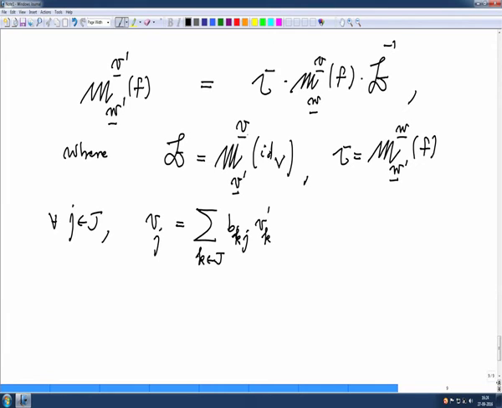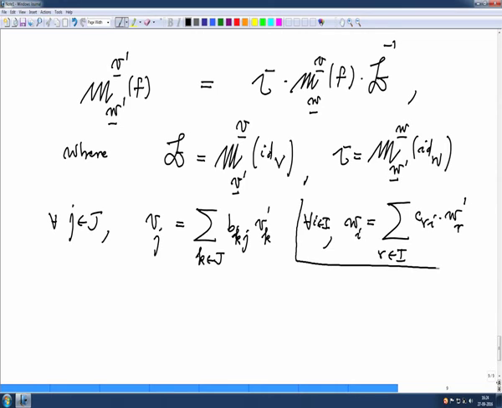So we have written the jth vector as a combination of this, and this will be the jth column of B. Similarly, C is defined by the equations: W_i, we have written, this is not F, this is ID, this is ID_W. W_i for each i in I is the sum over r in I of C_{r i} times W_r prime.